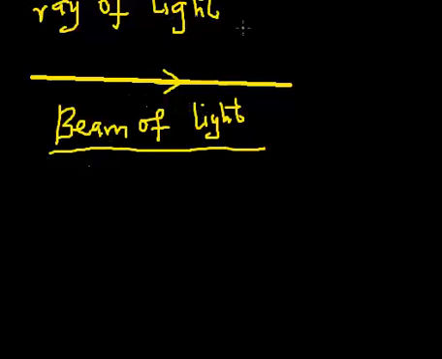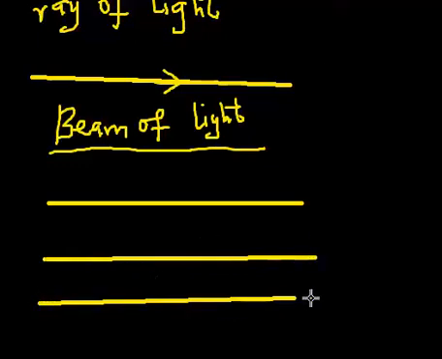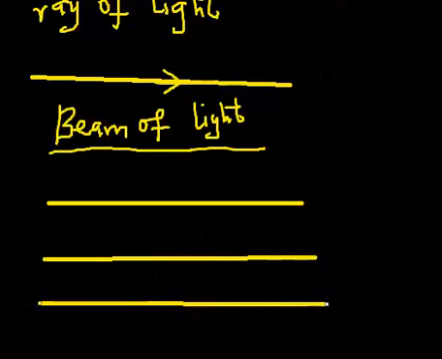If I'm representing a beam of light, there are three ways to represent it. It's either a parallel beam, meaning the rays in the beam are parallel.